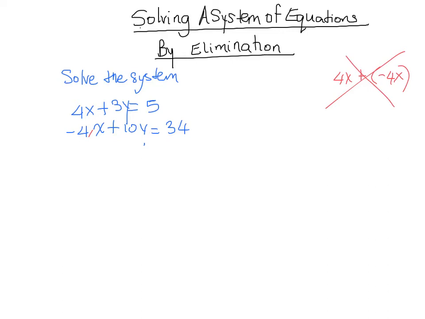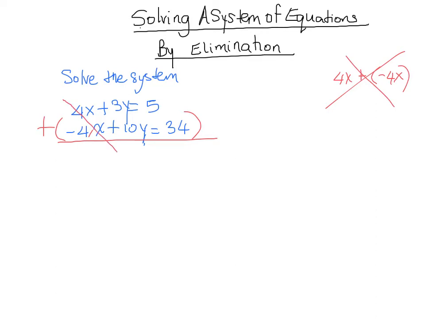So I'm going to add my equations to each other. Let's put that back. There we go. I am going to add my first equation to my second equation, just because I want to eliminate that 4x. So when I add 4x to negative 4x, as we spoke about, it goes away.